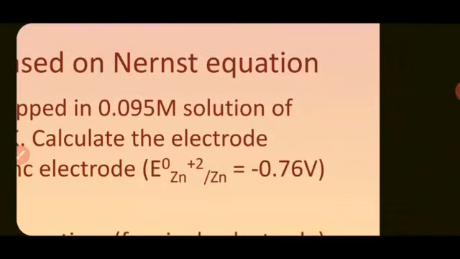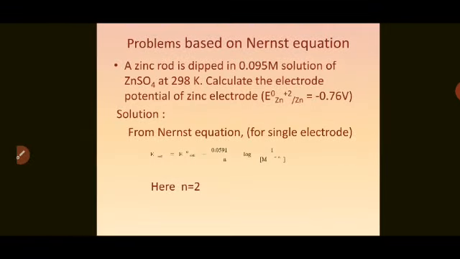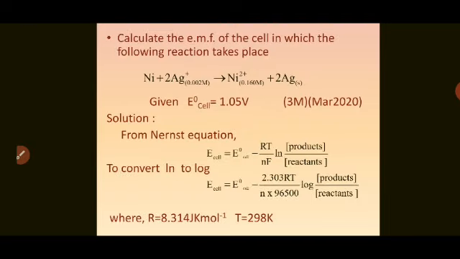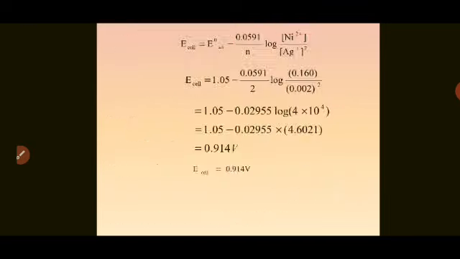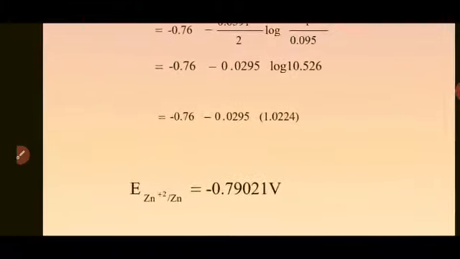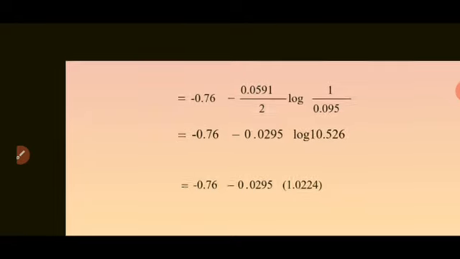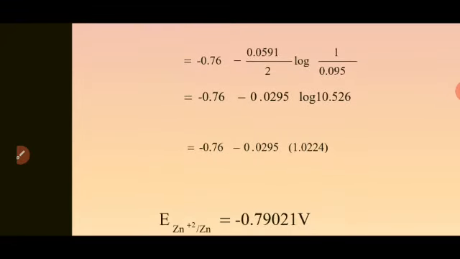Now next step, how to solve this? So here the formula carries 1 mark. Now substitute the values of E naught cell, that is minus 0.76, then 0.0591 divided by 2 log of 1 upon 0.095.